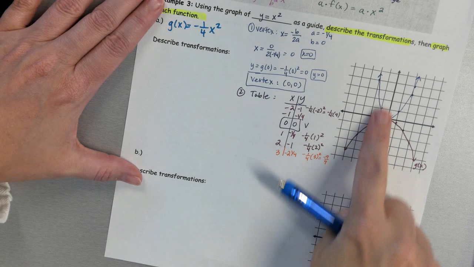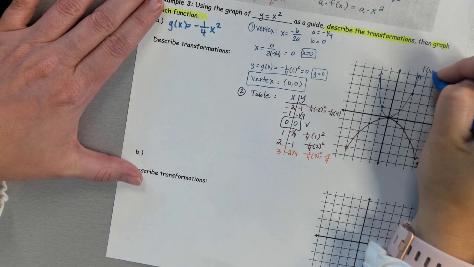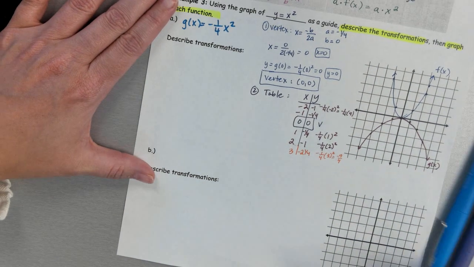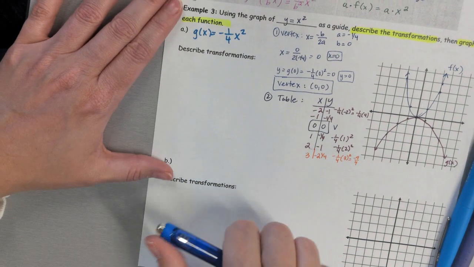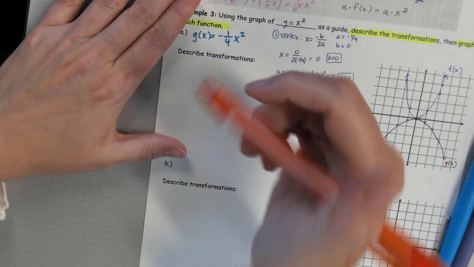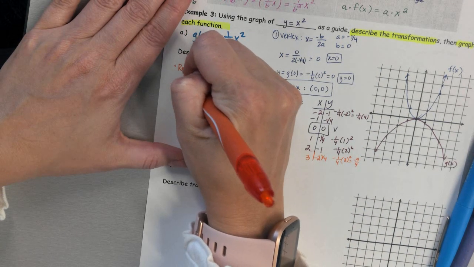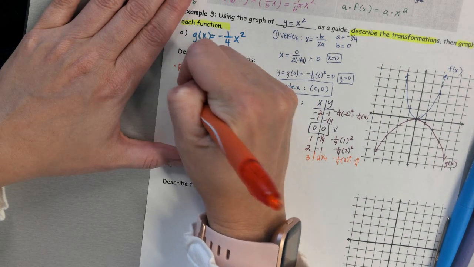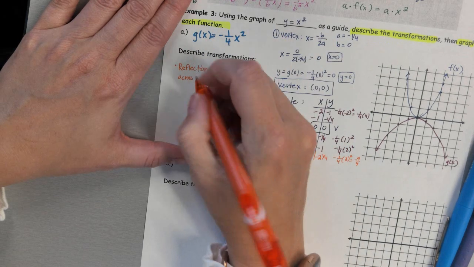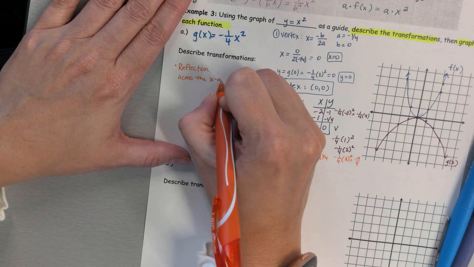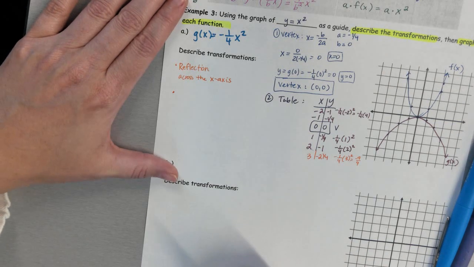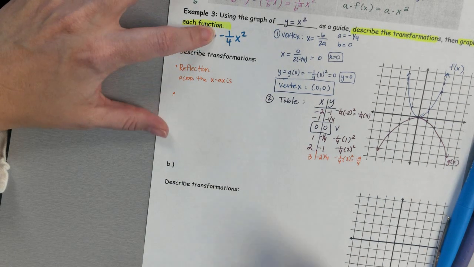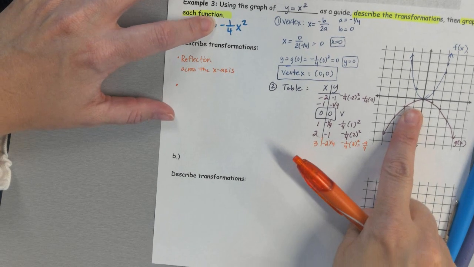One thing I can tell from the graph is that there was a reflection. I could also tell that from the equation because I have the negative out front. There is a reflection across the x-axis. You do have to say if it's x or y. Again, you can use the rule or you can use your graph.